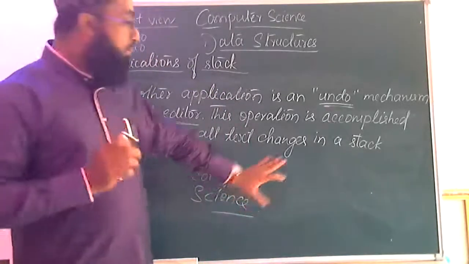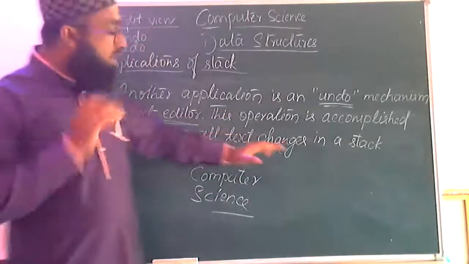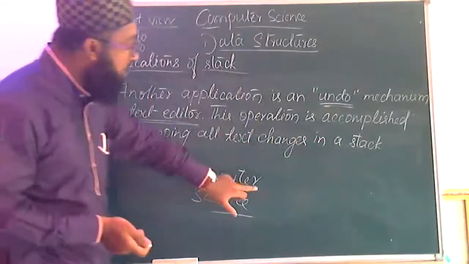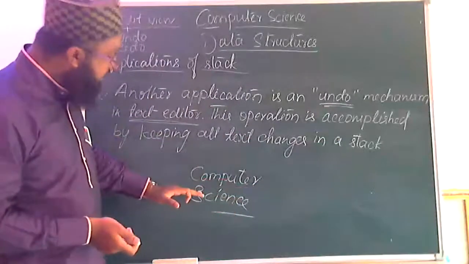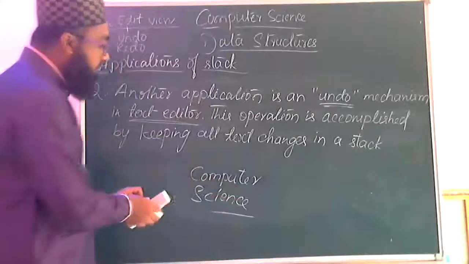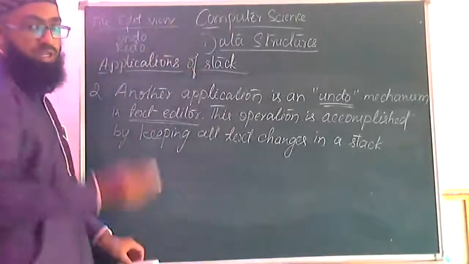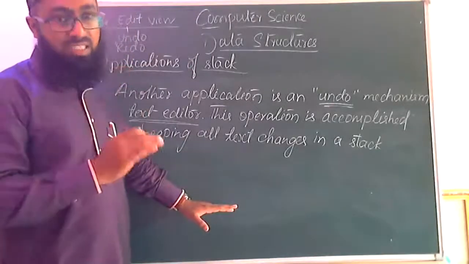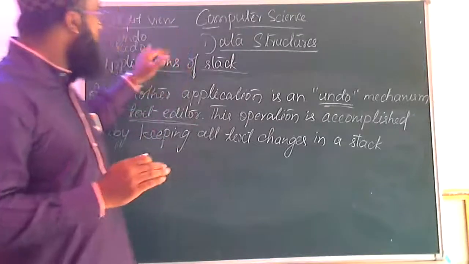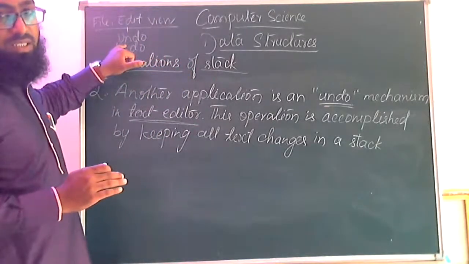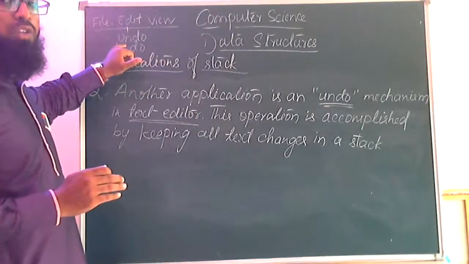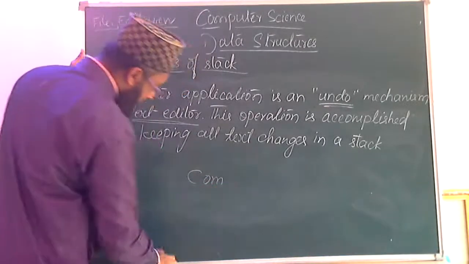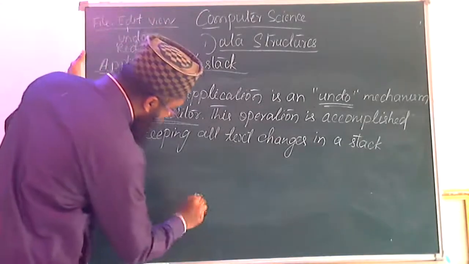Remember how we can think that these things are kept in a stack. First we will type computer, then we will type science, after that we will erase both the things. Remember, the first thing is computer, the second thing is science. If you do the undo operation, first it will print science below.